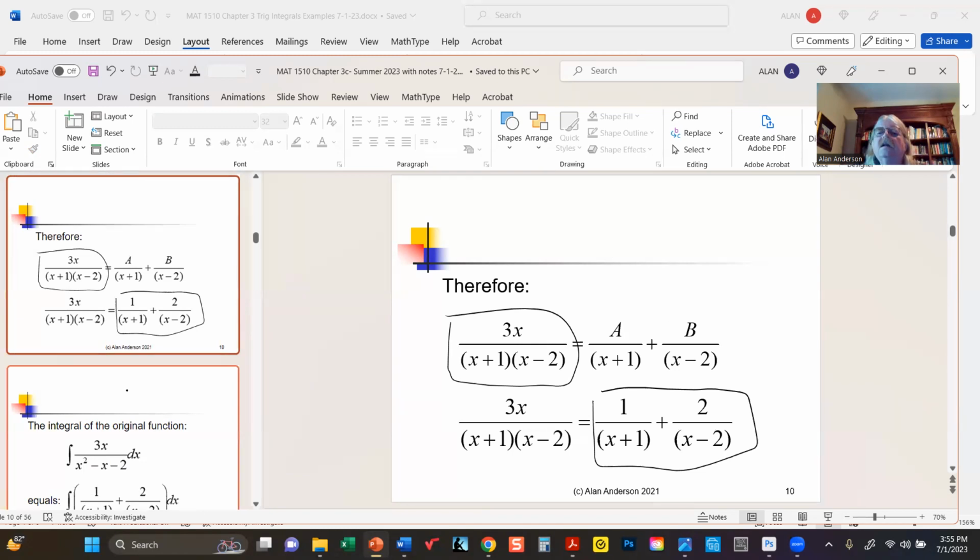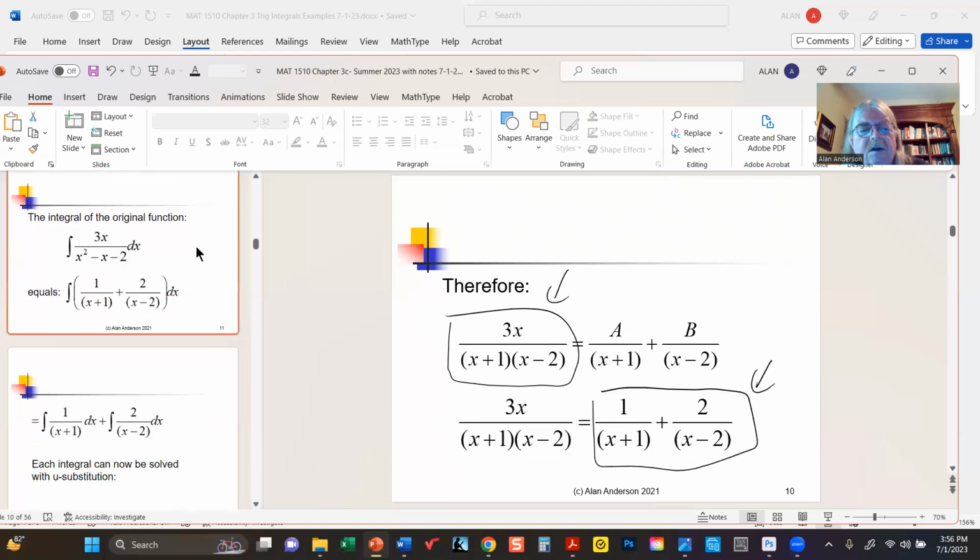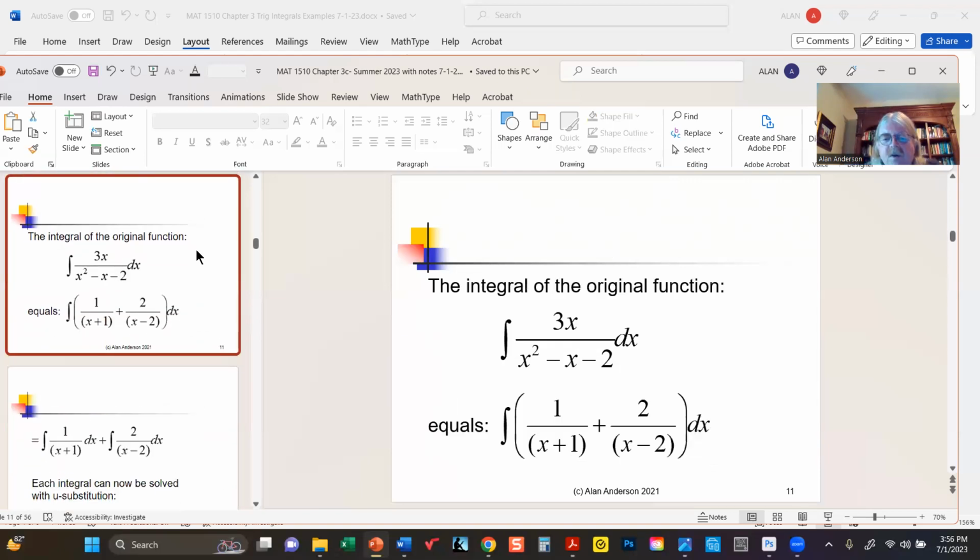Well, because it'll be easier to find the integral of this piece than this piece. That's the only reason for doing this. In fact, this second term here can be found very quickly and easily with u substitution. So going back to the original equation, these two are now equal to each other, so we're going to integrate this term.